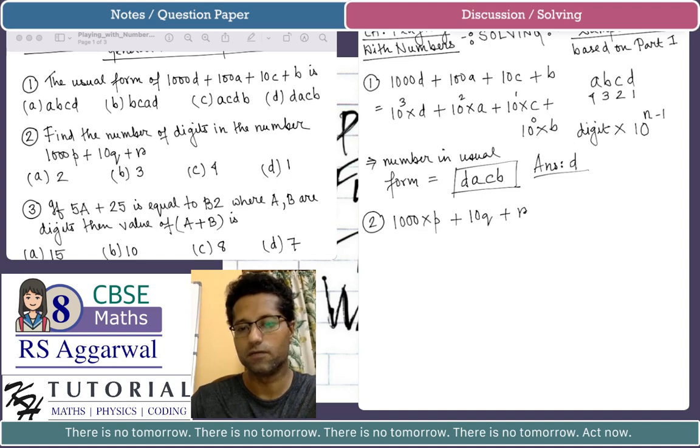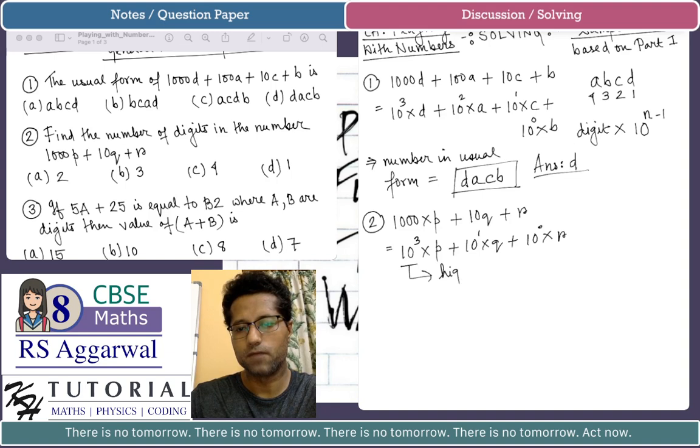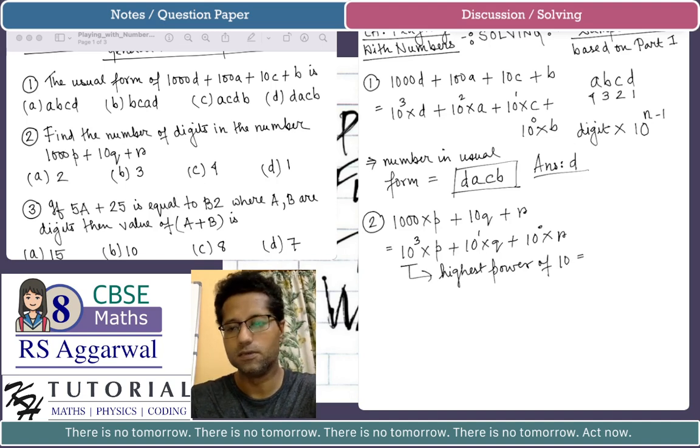So the general form is 10 cube into P plus 10 to the power 1 into Q, and this is 10 to the power 0 into R. So the highest power of 10 in this general form is 3.